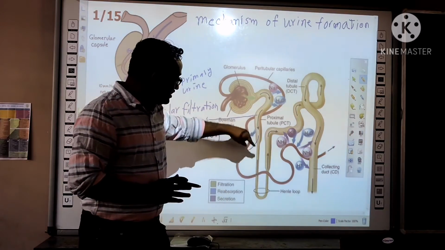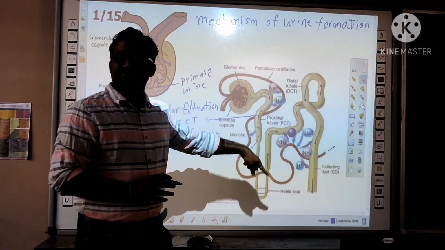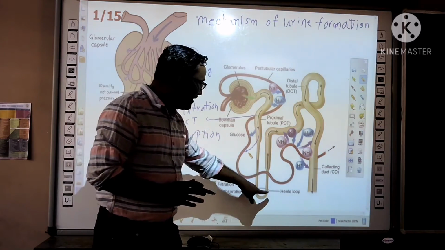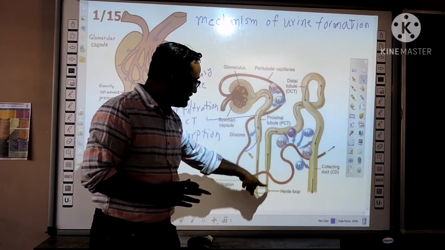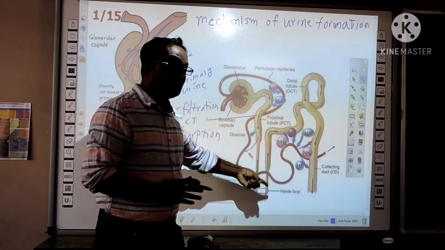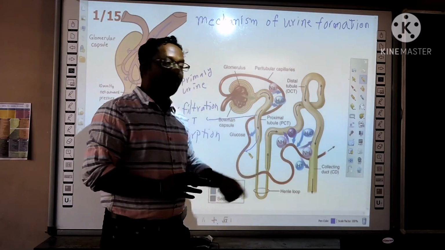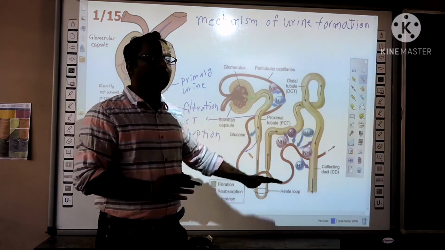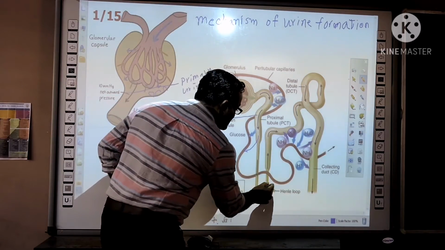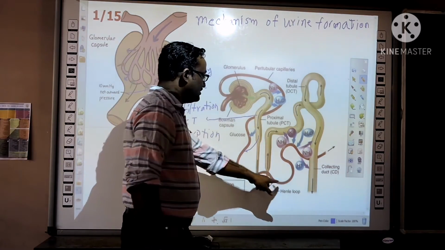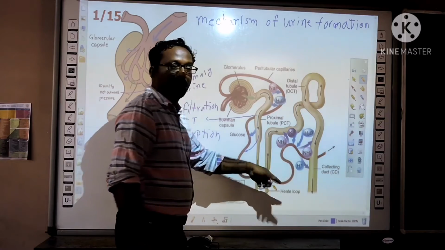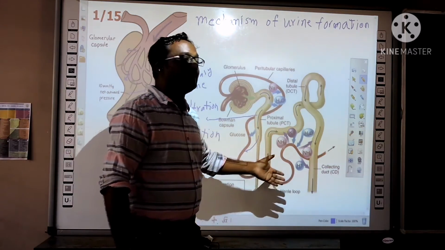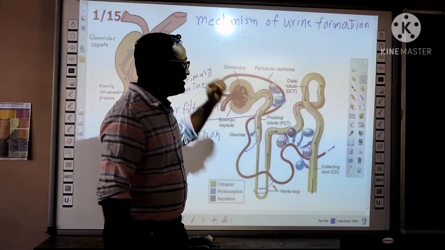Now the remaining primary urine enters the loop of Henle. This U-shaped narrow tube is called the loop of Henle. Here 10% of water is reabsorbed into the peritubular network. Peritubular network means blood capillaries formed by different arteries.